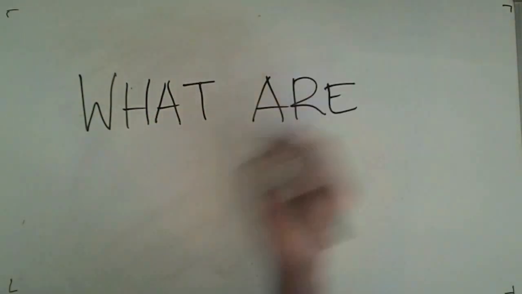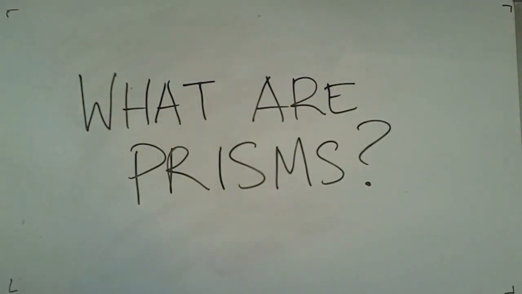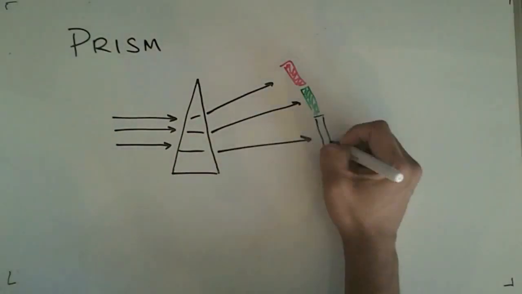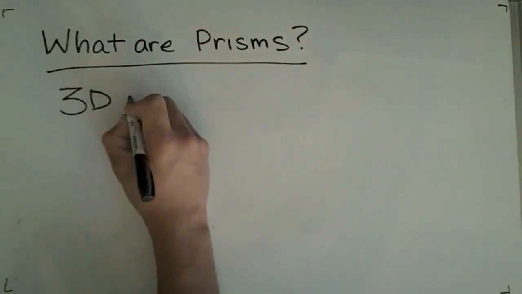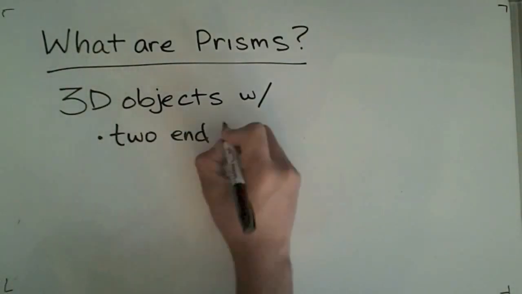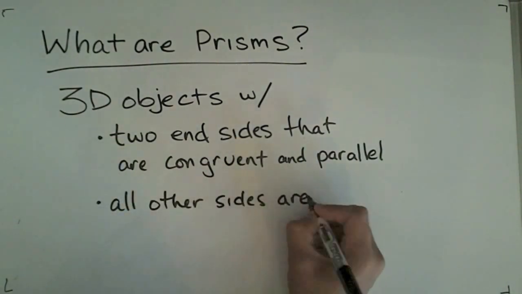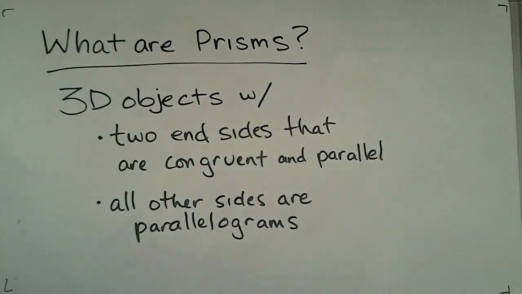Now, what are prisms? Well, you might think of those objects that you play with that refract light and make rainbows. Those are prisms, but in geometry, prisms are 3D objects that have two end sides that are congruent and parallel, and all the other sides are parallelograms.